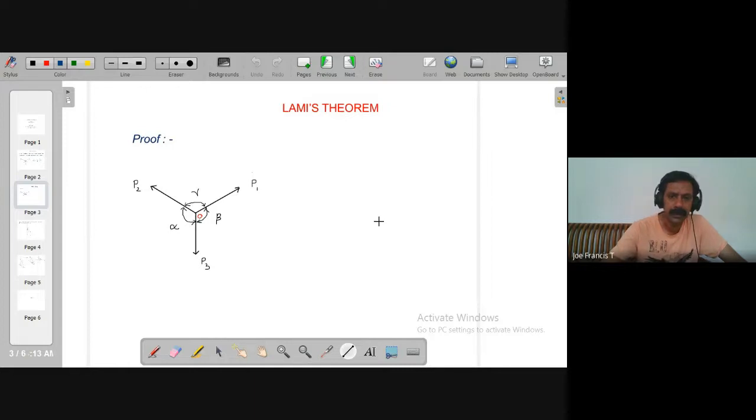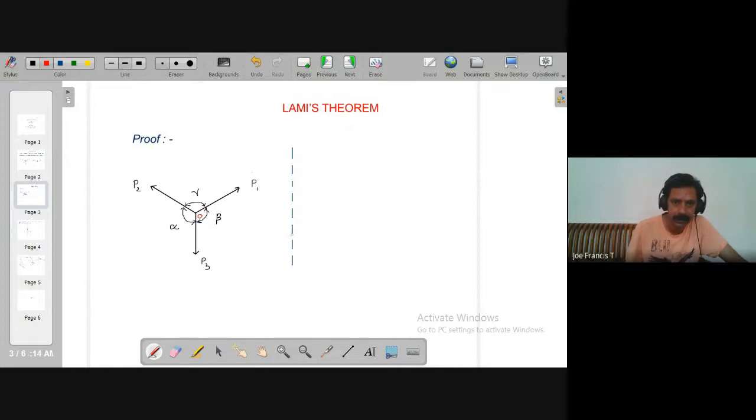Say I start by drawing a vertical line. I construct a vertical line, make it a chain line. Let's start with the first force P1. So select some point, say O, along this line.